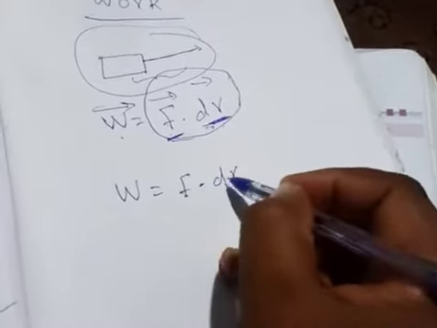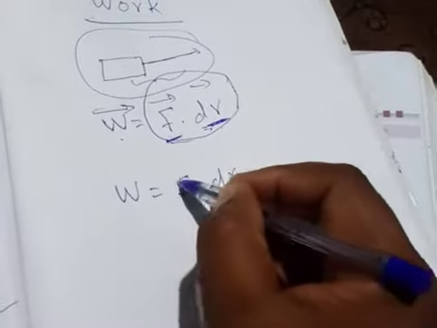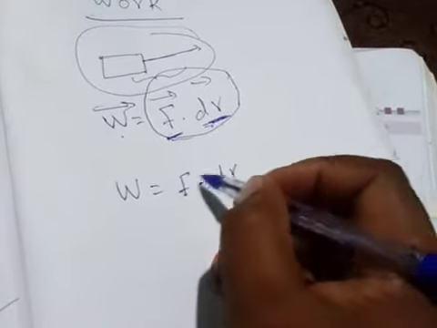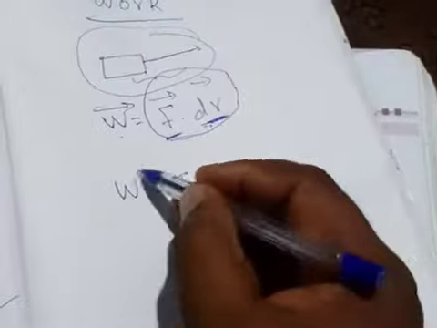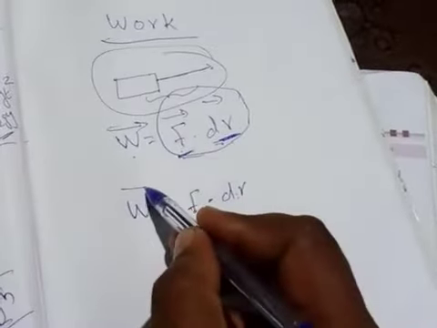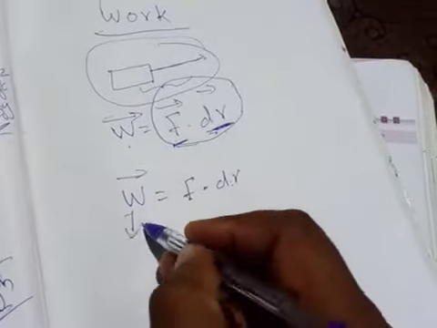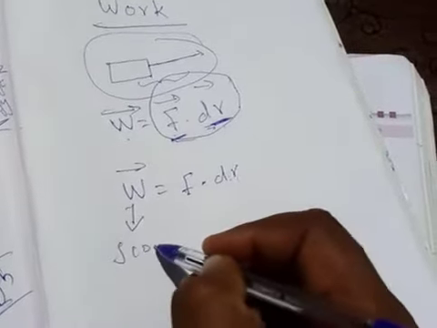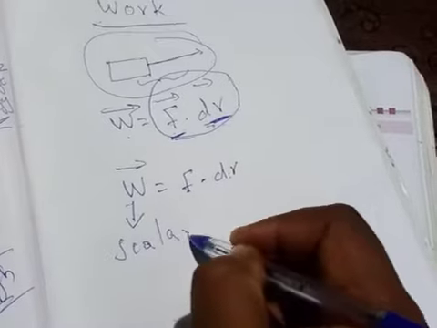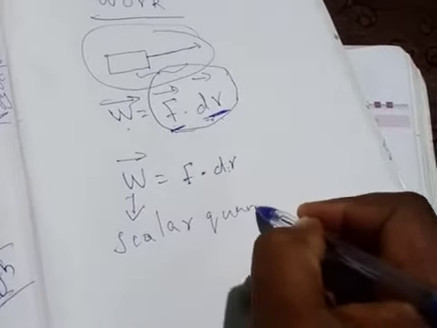This is one vector and this is another vector. So the product of two vectors becomes a scalar. So we can tell that this work done is a scalar quantity.